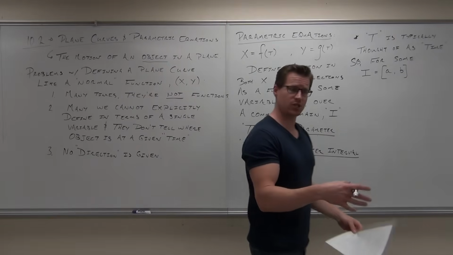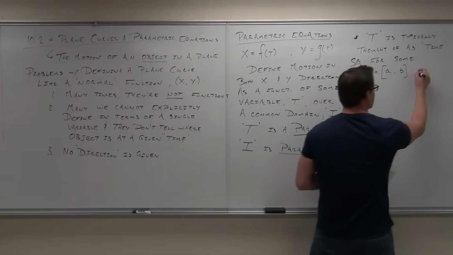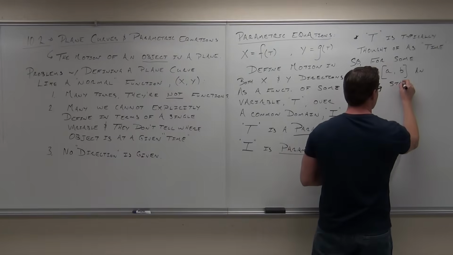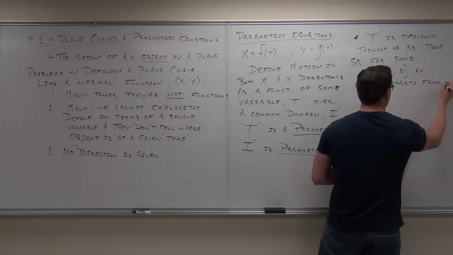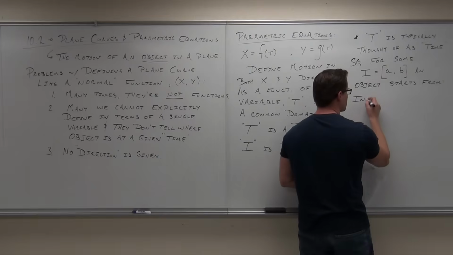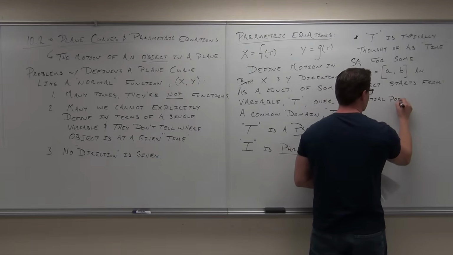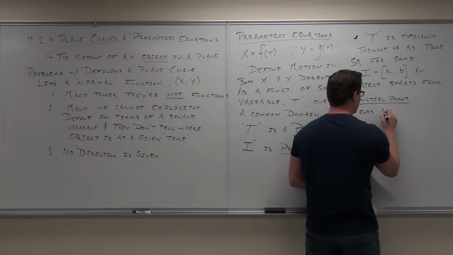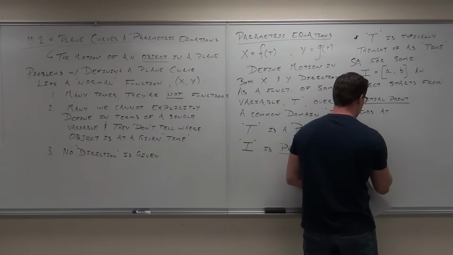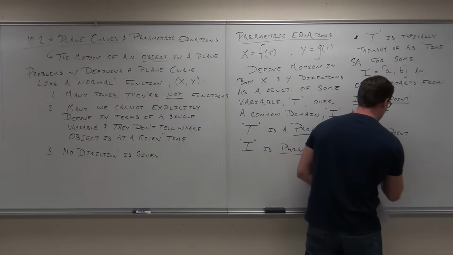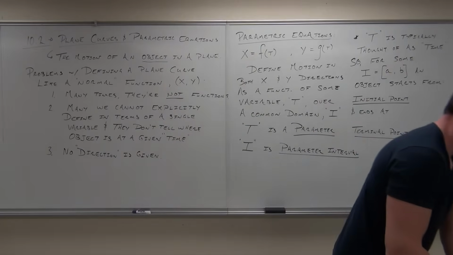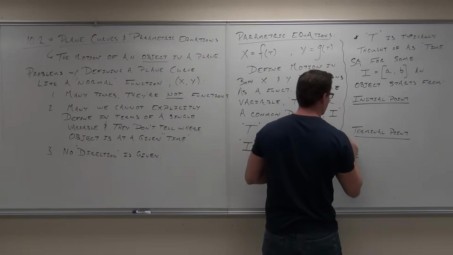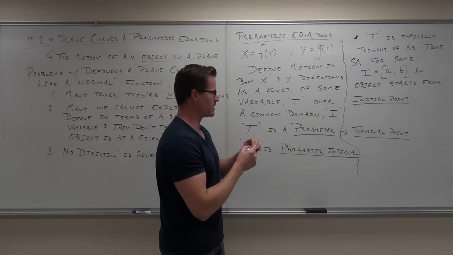So for any given closed interval, we're going to have an object starting from an initial point, and ending at a terminal point. Initial point to terminal point.